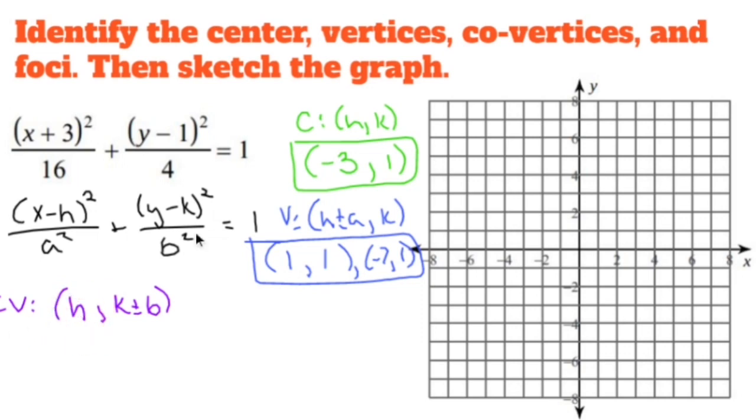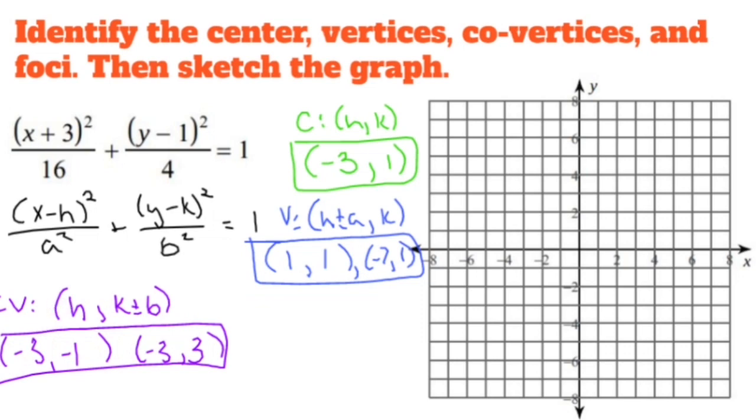All right, h is negative 3. I can handle that. So let's write them both out. Negative 3. K is 1. If b squared is 4, then the square root of 4 is going to be b, so 2. So I have 1 minus 2, which is negative 1, and 1 plus 2, which is regular 3. Those are my co-vertices.